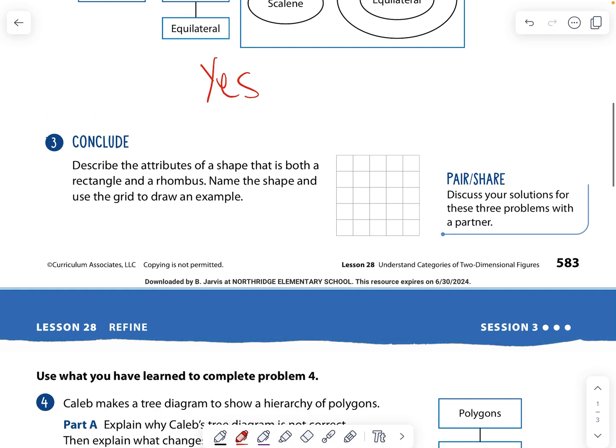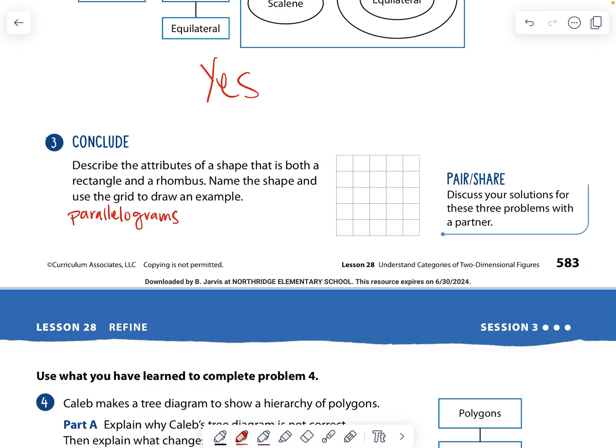Okay, describe the attributes of a shape that is both a rectangle and a rhombus. Name the shape and use the grid to draw an example. Okay, so a thing about a rectangle and a rhombus is that they are parallelograms.